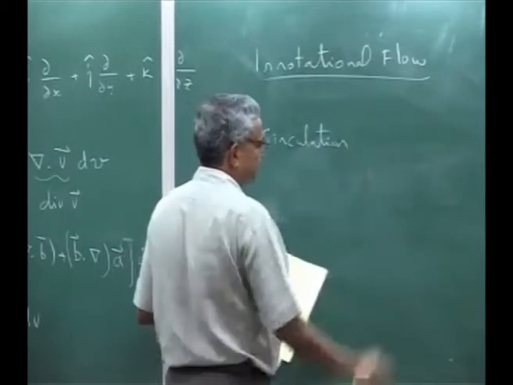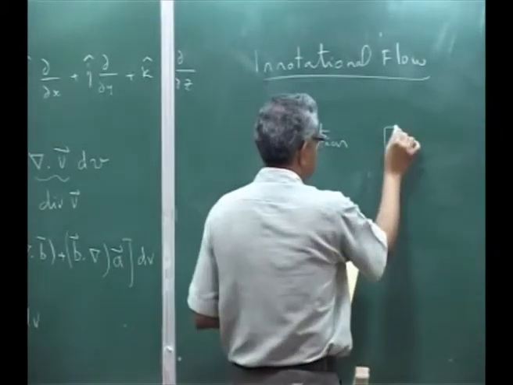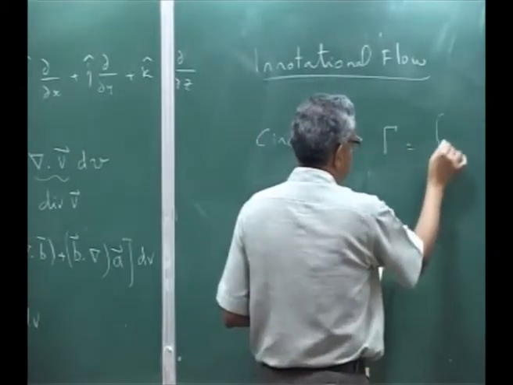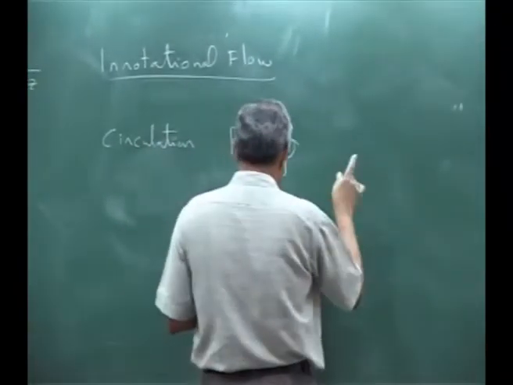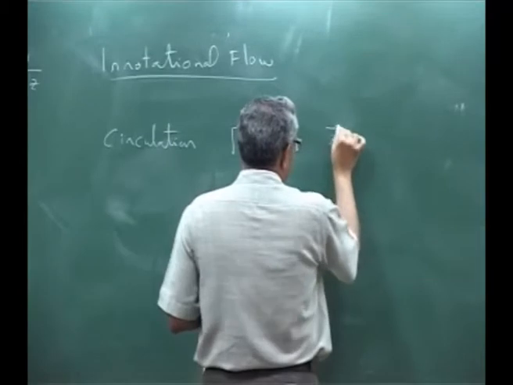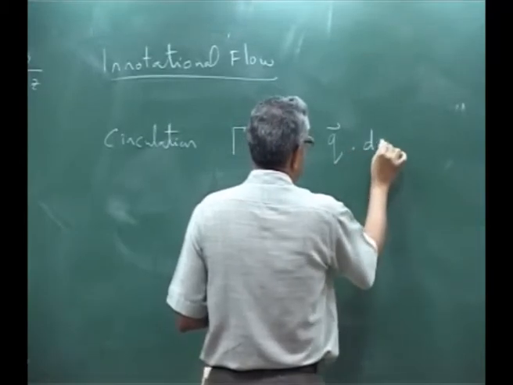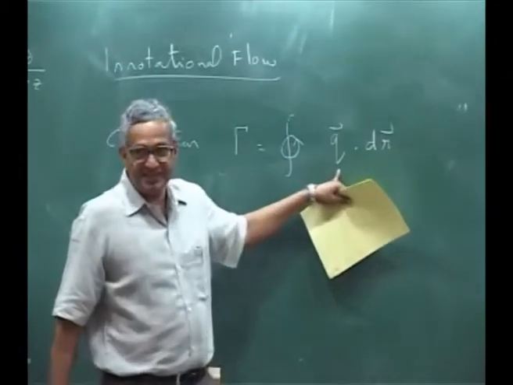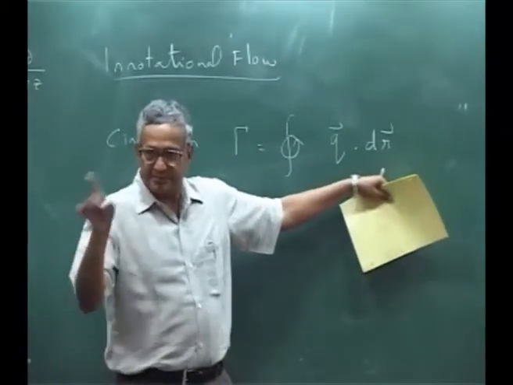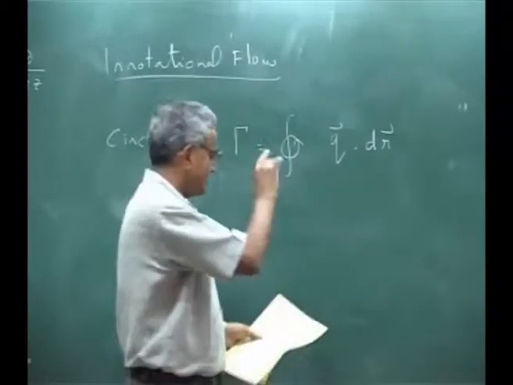Circulation, gamma, is defined as, over a closed contour, q dot dr. Please note this is velocity and the line element. You have to integrate.